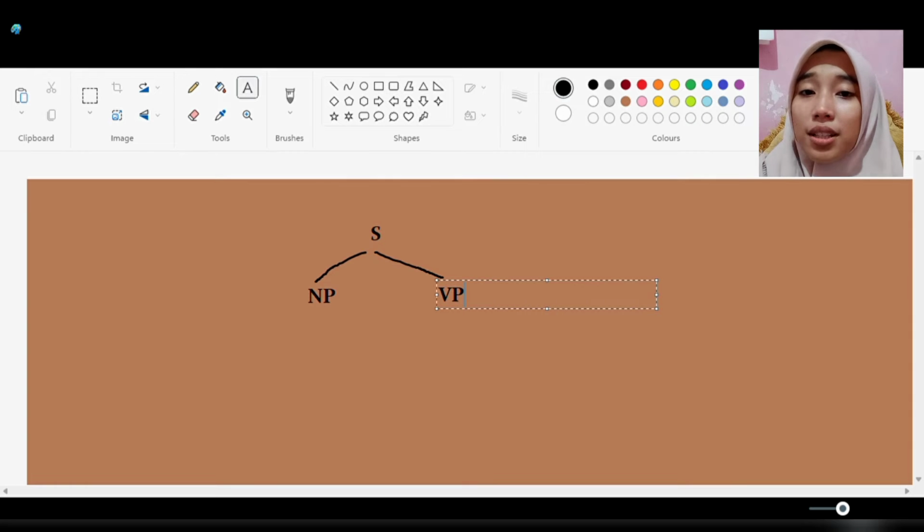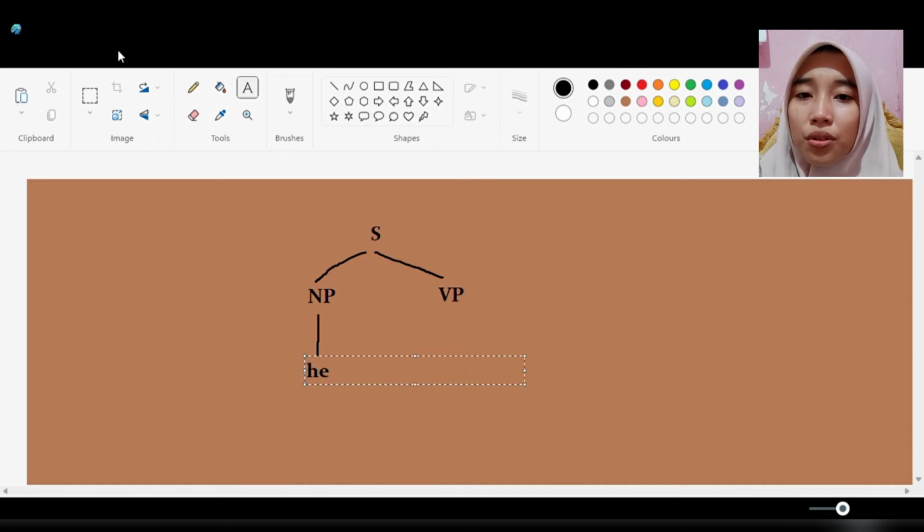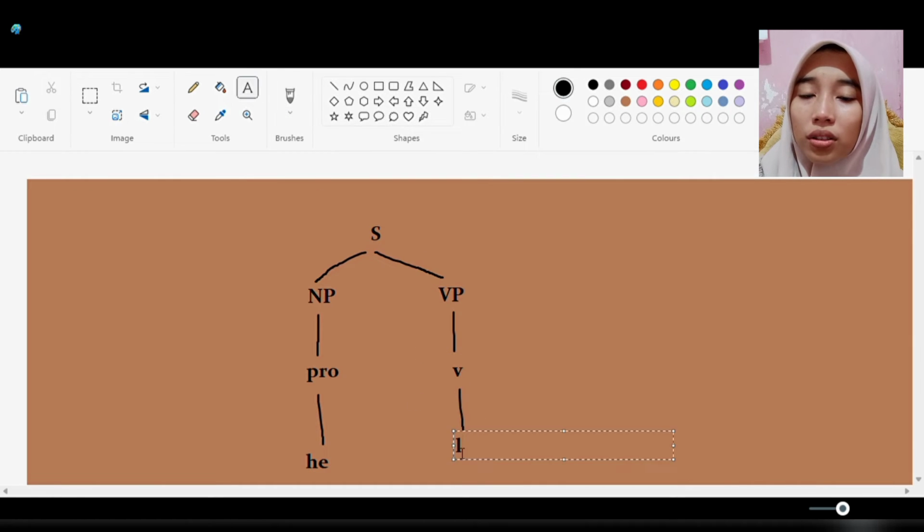So we have a noun phrase and a verb phrase. All tree structures that you're asked to draw in this class get a start like this. We can take a sentence and represent it with this very simple tree diagram, like the sentence "he left." We need to add a little bit more detail. We can't just do noun phrase and then draw out here.